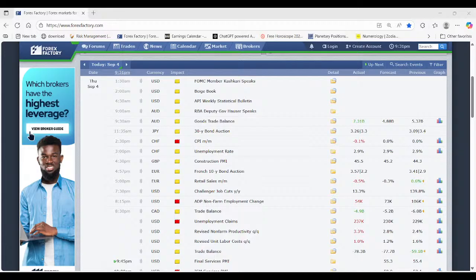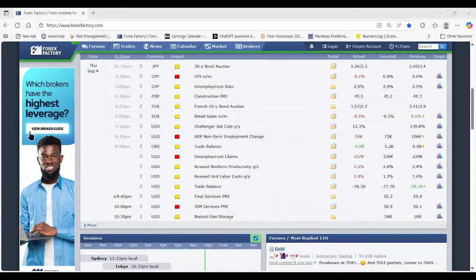The forecast was 73k and it came out lower, about 54k. Unemployment claims are slightly higher, and in another half an hour we are expecting ISM services PMI from the US. So overall the data is all soft and coming out bad.